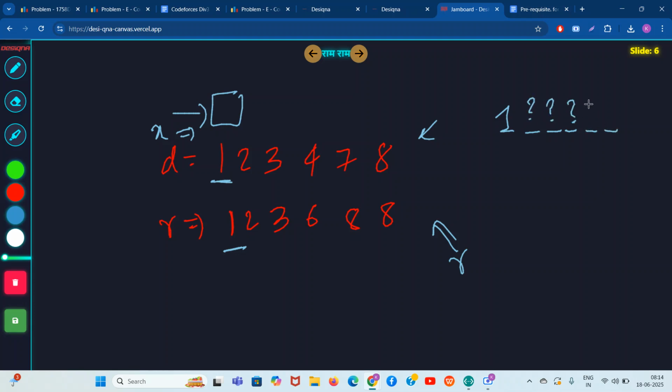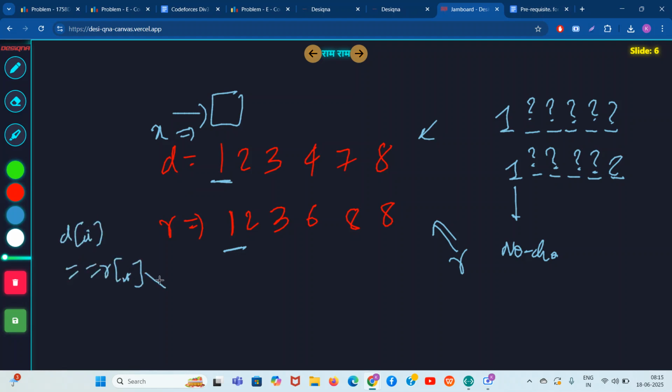This is your L, and your R is also a 6 digit number starting at 1. So basically you have no choice. As long as L of I is equal to R of I, you have no choice. Whatever X you decide, its first digit will be 1 only.